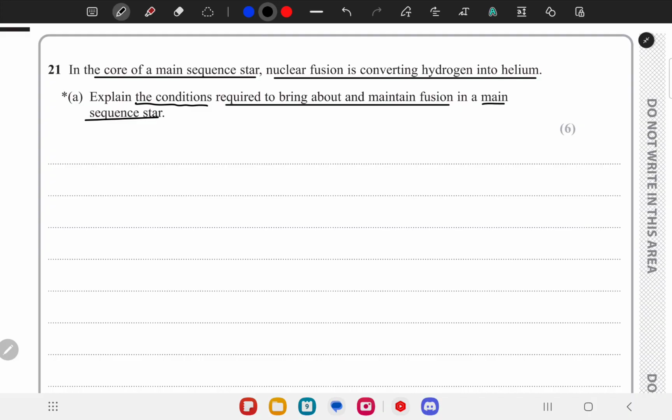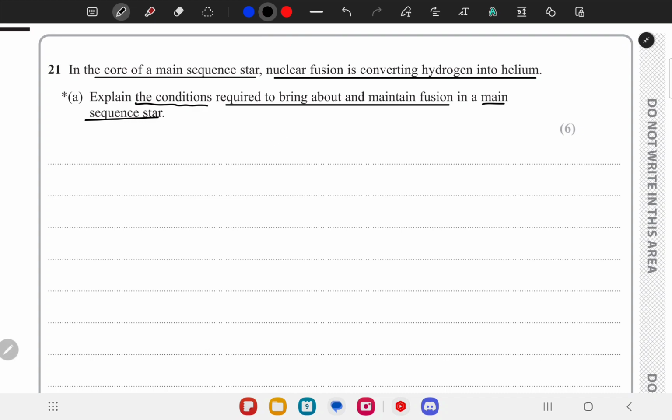So the most important criterion would be the high temperature in the core and the high pressure in the core, and we have to separately explain why each of these conditions are required. So let's write about the temperature first. I accidentally mentioned pressure. It would be due to density, not pressure.